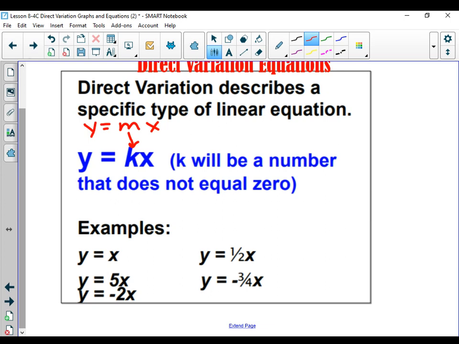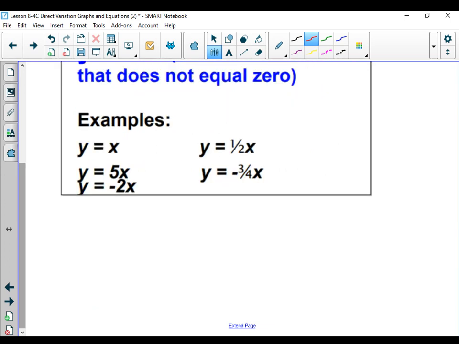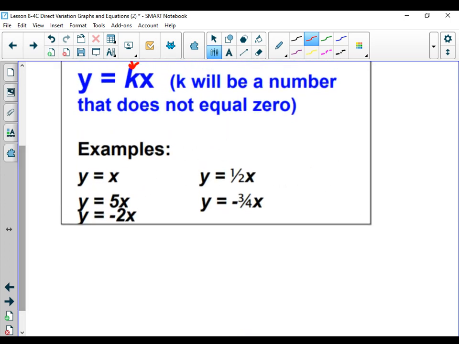So then there's some examples down here. Like y equals kx, or y equals 5x plus 0, y equals negative 2x plus 0. If I look at this one, k equals rise 1, run 2.